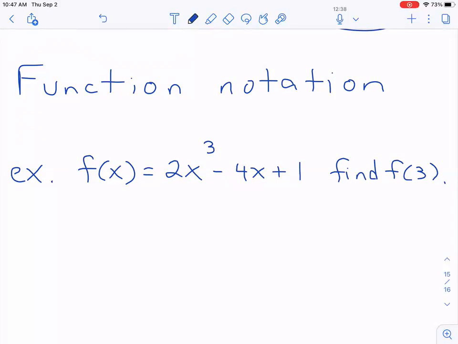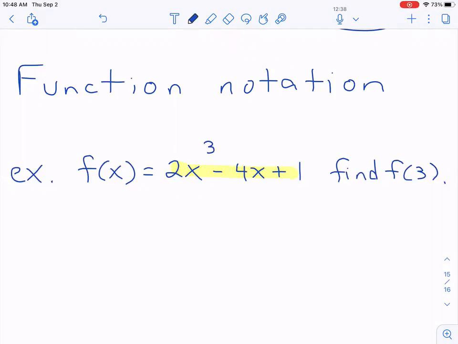So the hurdle of this problem is, if you just know what they're asking, you all can do this fairly easily. What they're asking is, they're just saying, plug 3 in for the x's, just like you've been doing. That's all that means. We're plugging 3 in for the x's in the equation.